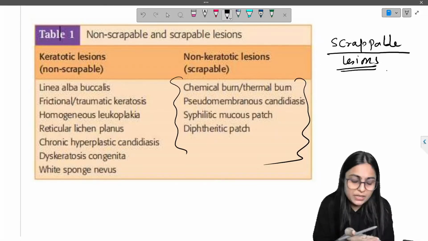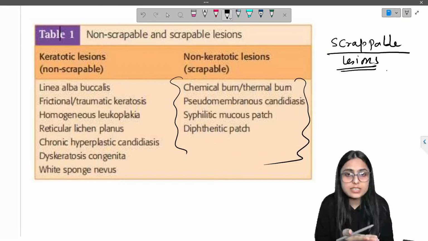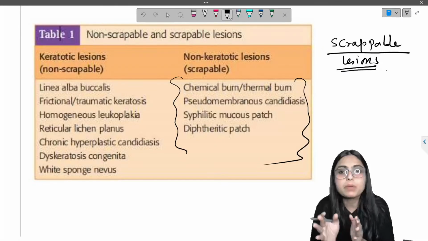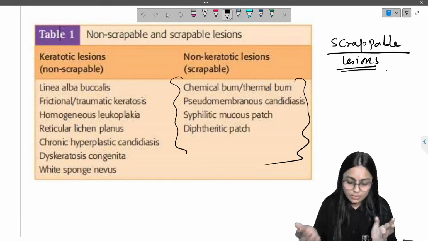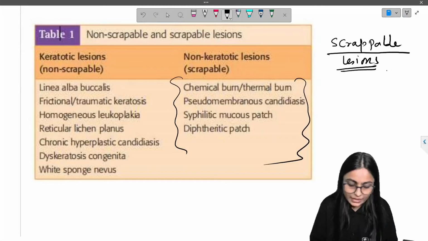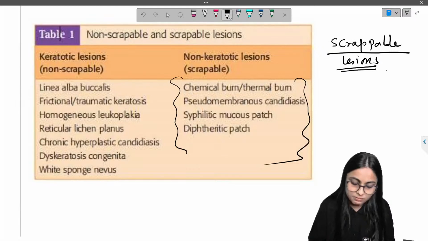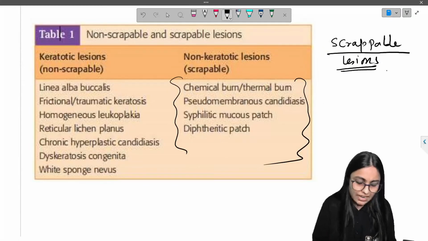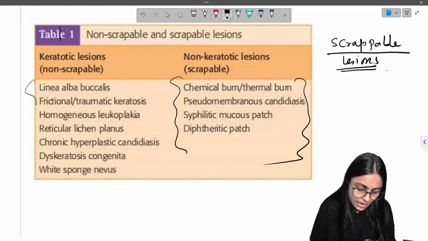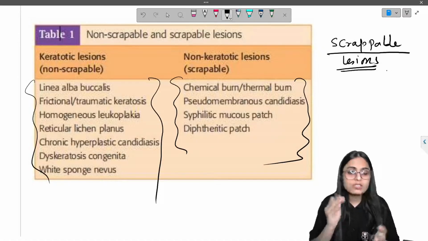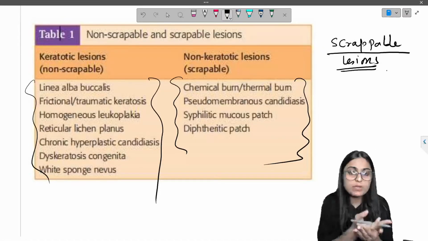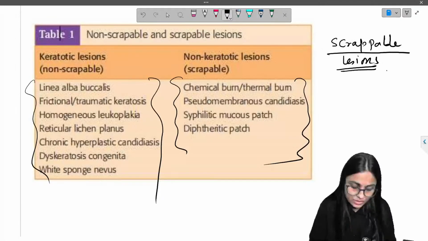That is why it is called scrapable lesions, right? You can make a mnemonic and remember these scrapable lesions. And non-scrapable lesions are these. You cannot scrape off the superficial layer of these lesions.